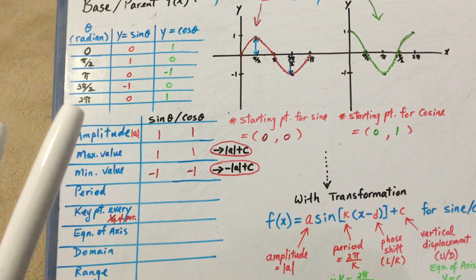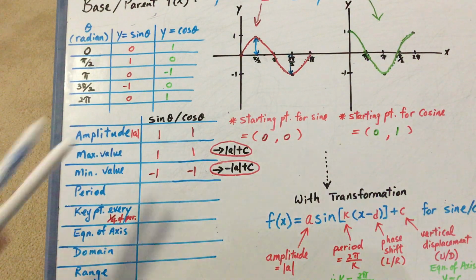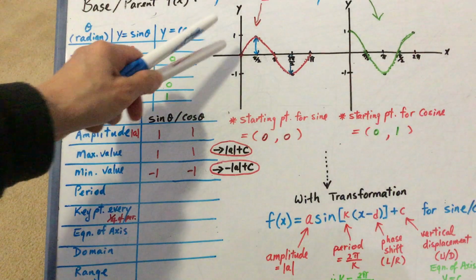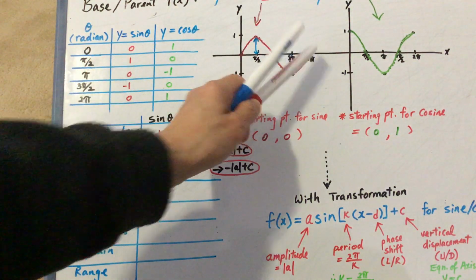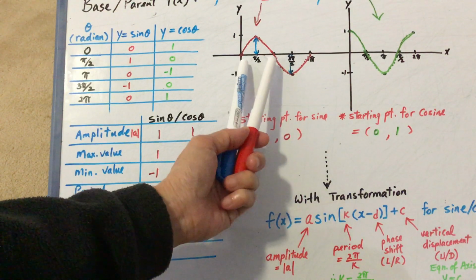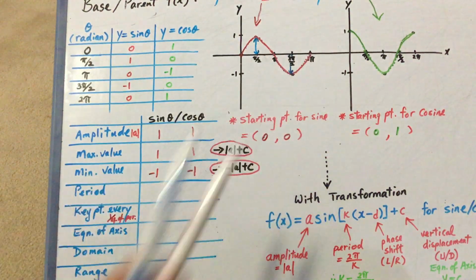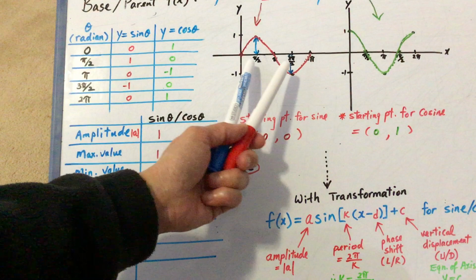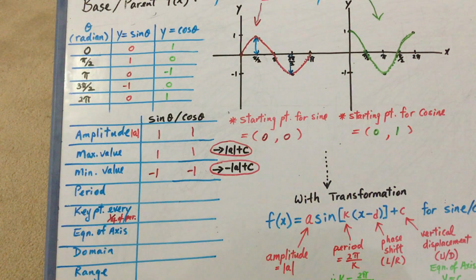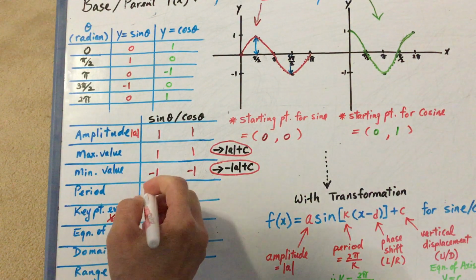And when it comes to the period for the parent functions, it means where it starts and where it ends. What is the horizontal length from the starting point to the ending point? One complete cycle of the sine will have the period of 2 pi.